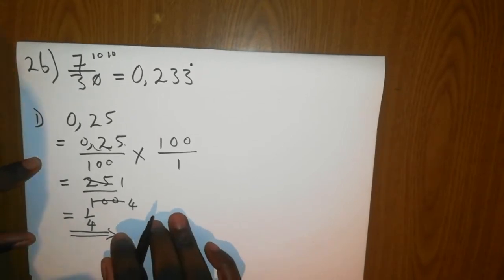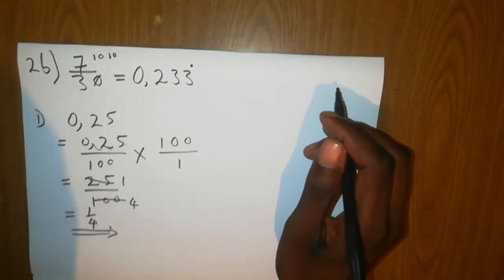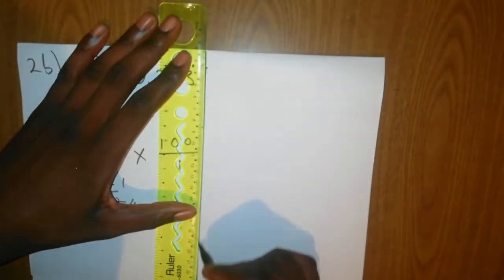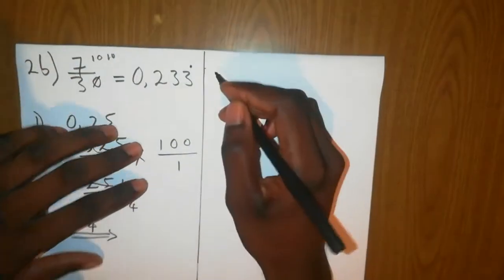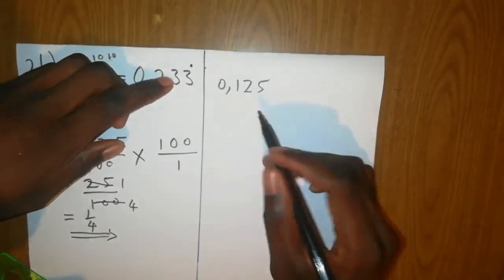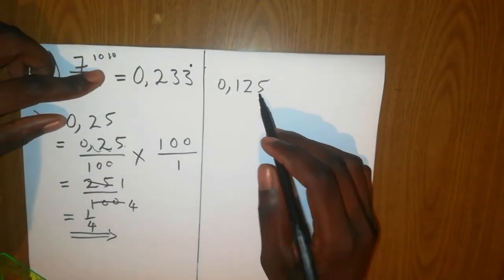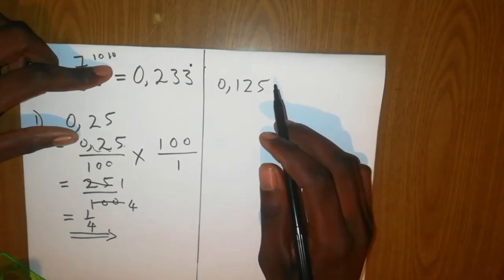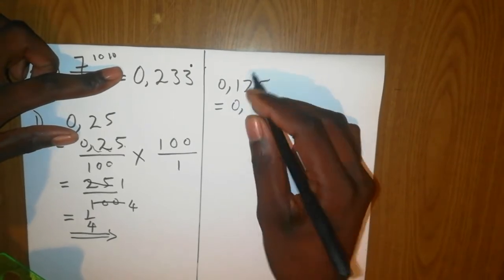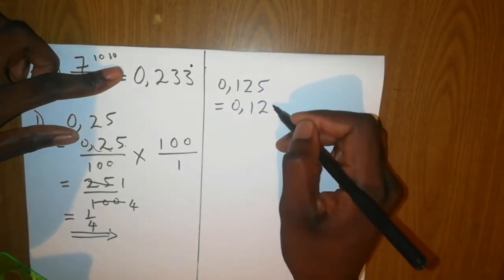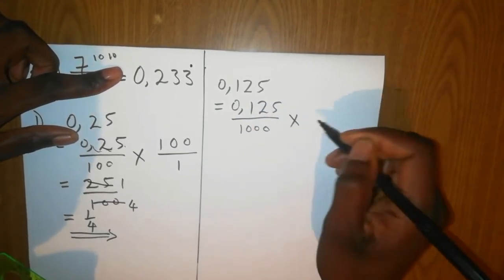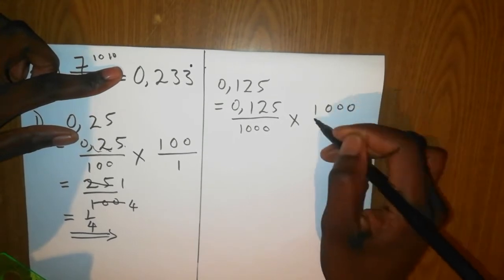This is your answer. The following question that you might find, let me try to divide here for clarity. I'll have 0,125. So in this case, how many decimal places do I have? It is 3. So which number that contains 3 zeros? It is 1000. So it's equal to 0,125 over 1000 times 1000 over 1.